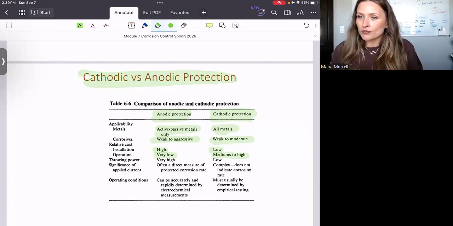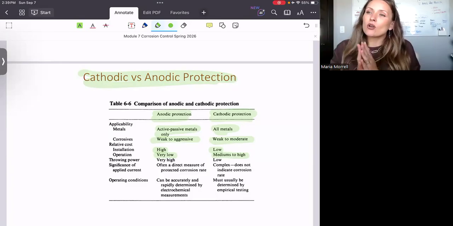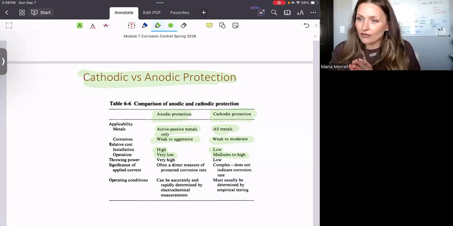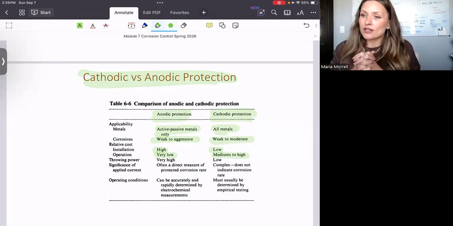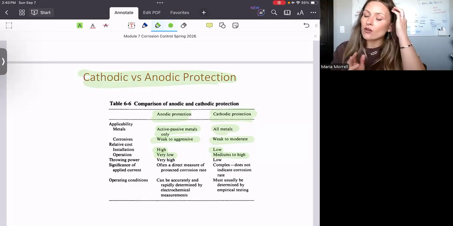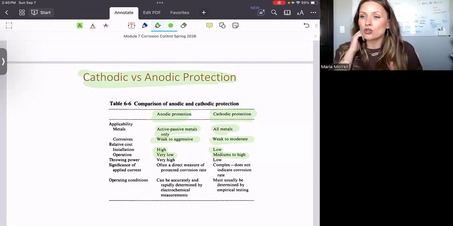You also have to make sure that you supply enough electrons. You don't want to end up in a situation where you were not supplying enough, and this is why the tank or the pipe you were trying to protect is corroding.